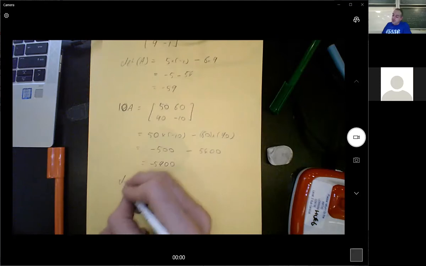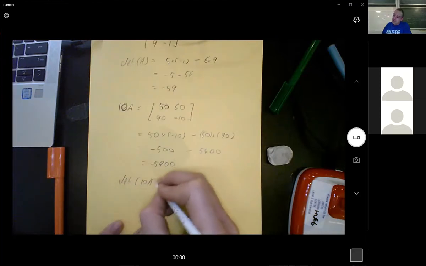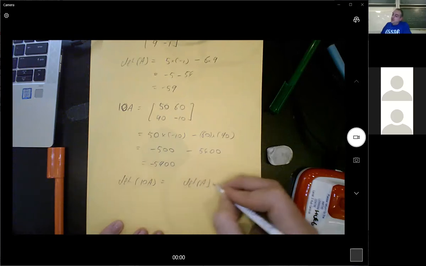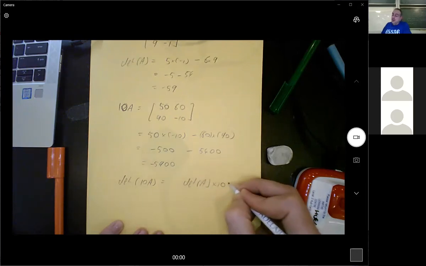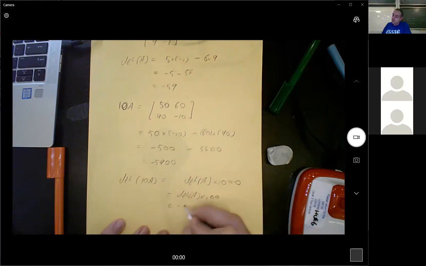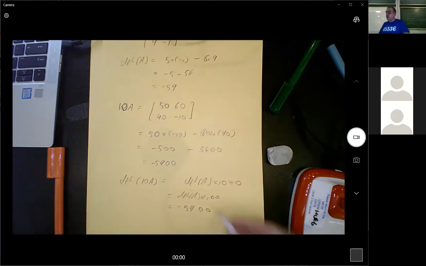So the determinant of 10A should be the determinant of A times 10 for the first row and times 10 for the second row. That's how it works. And if it was a 3 by 3 matrix, I would have to times by 10 3 times.